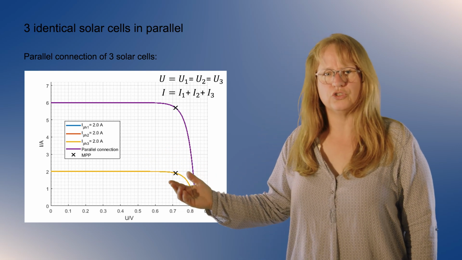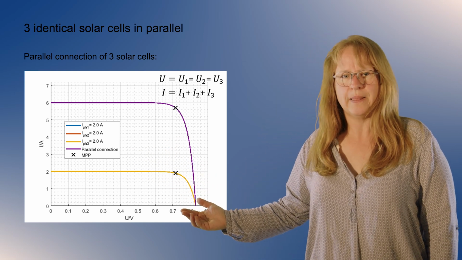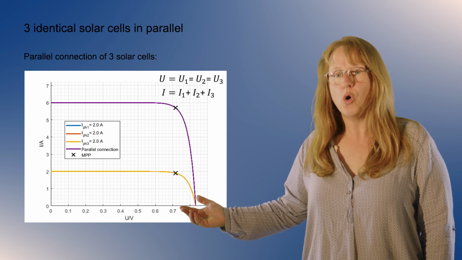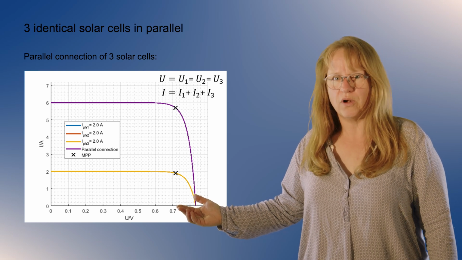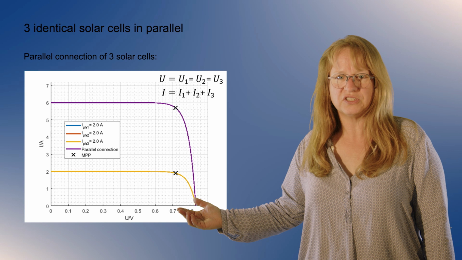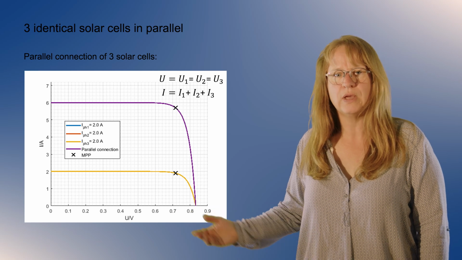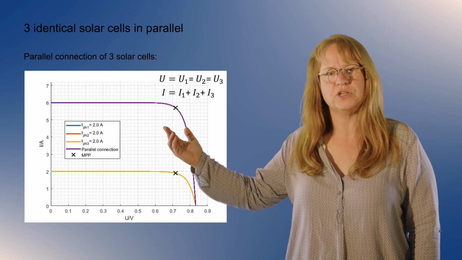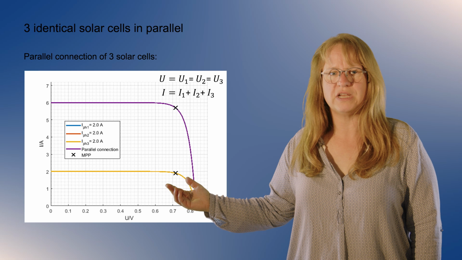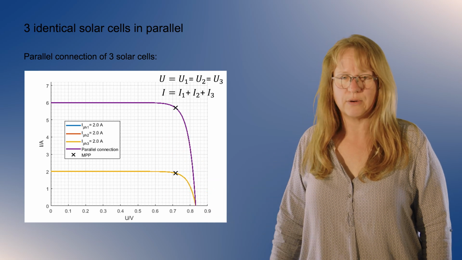Then if we are here at the open circuit voltage, all the voltages are equal, all currents are 0, so the total current is 0. And if we are somewhere in between, we just multiply 3 times this current to get the total current.